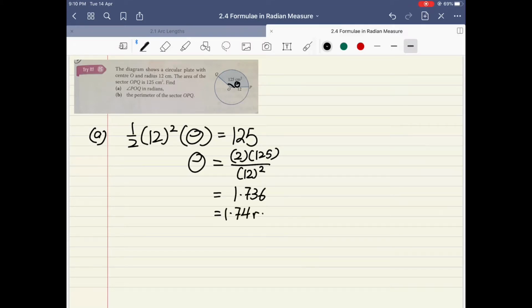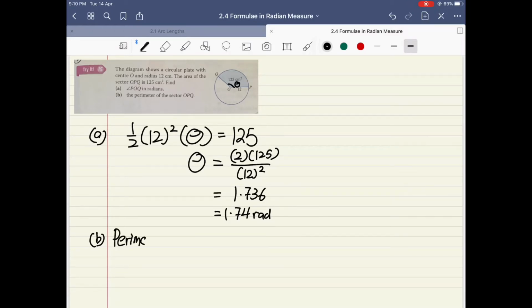So my theta in this case is equal to 1.736, which is 1.74 radians. Remember, when we look for the angle in radians, it's given correct to 3 significant figures, unlike angles in degrees that are given correct to 1 decimal place.